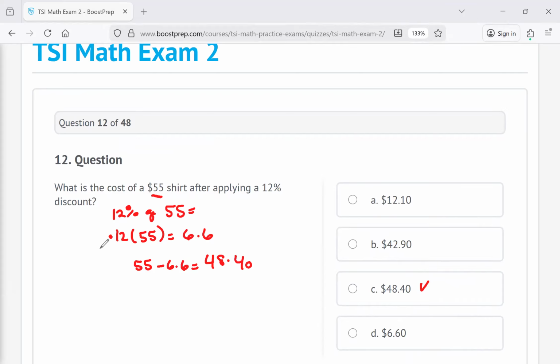Yeah, I think you can also do this. You could do x times 100% minus 12%, which equals your cost of the shirt. I think that'll give you the same answer. So what's 100% minus 12%? That is 88%.